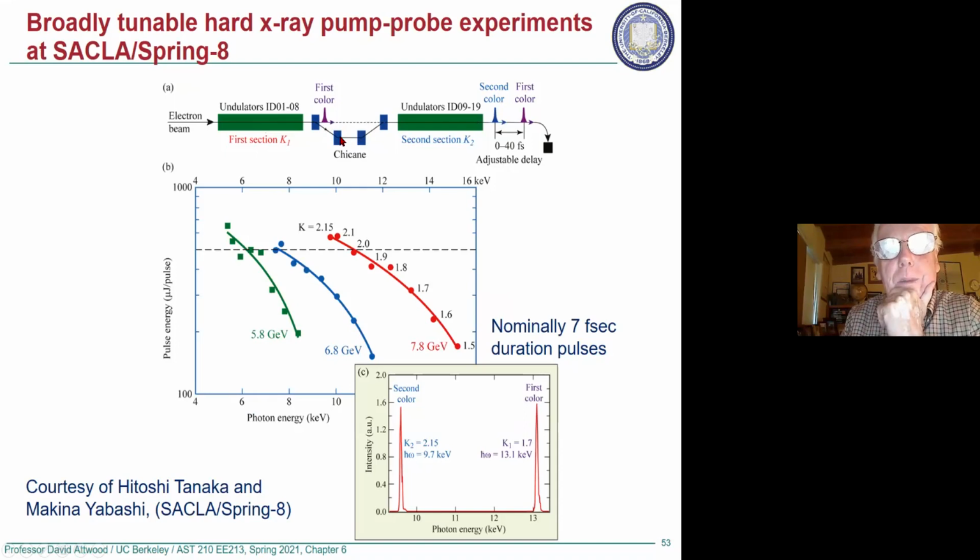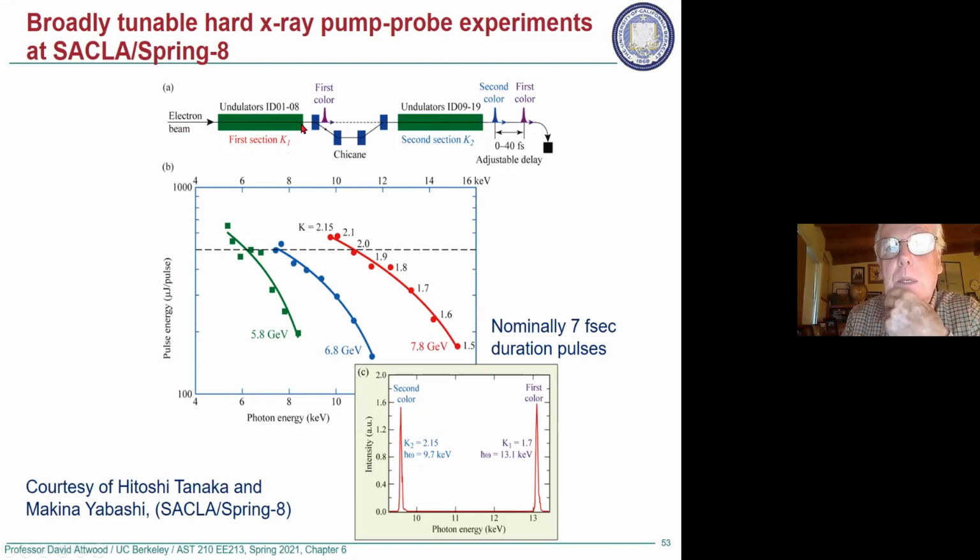And in their case, what was special, their magnets allowed them to tune the photon energy, certain gamma. They could tune the wavelength with K. The Stanford people could not do that until recently. They had a fixed K, fixed gap. And so they could only change the energy by changing gamma.